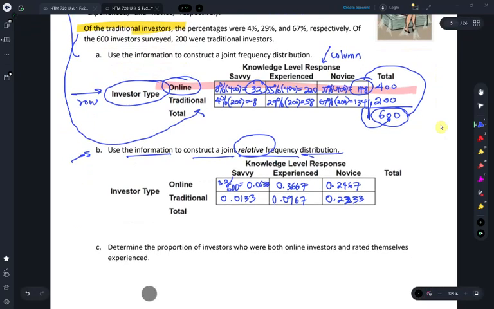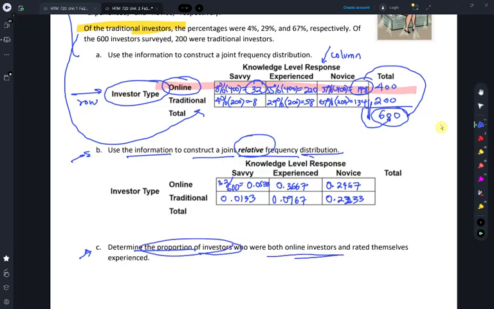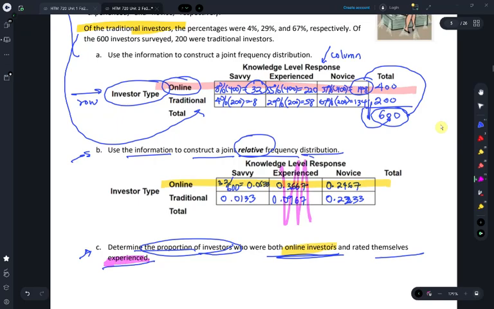All right. For question C here, we are to determine the proportion of investors who are both online investors and who rated themselves what? Experienced. So for online investors who also rated themselves experienced, we're looking at the intersection of both characteristics.